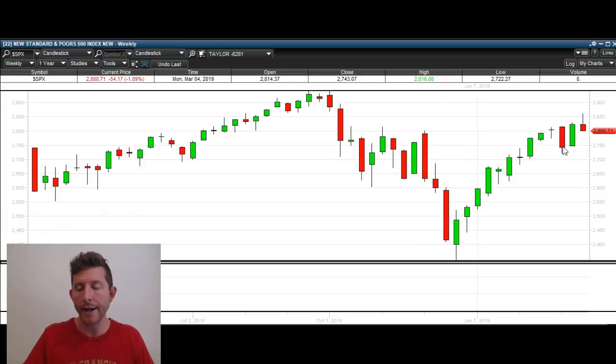This red candle here, where we closed below the previous week's low, we actually negated by the next week closing over the previous week's high. And then just this last week, which everyone was calling very bearish, we made a higher high and a higher low, and we closed just barely below where we closed the week before.